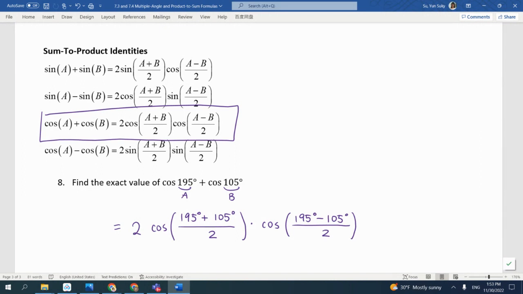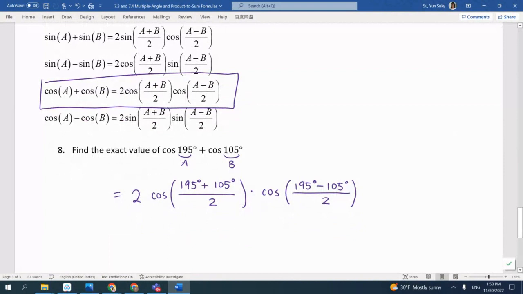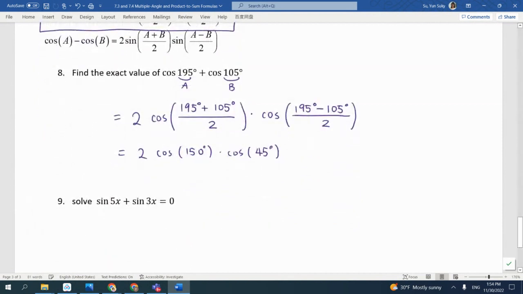Okay, now tell me, what's 195 plus 105? 300 exactly, right? Over 2, what's that? 150 degrees. What's 195 minus 105? 90 degrees divided by 2, 45 degrees.